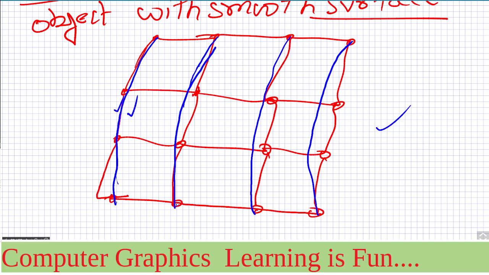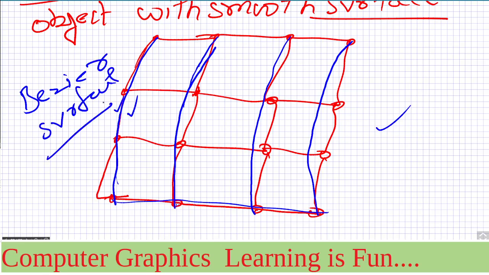Now you are using a mesh of curves and making it a surface. So it may be a Bezier surface, a B-spline surface, whatever you consider, whether it is interpolation or approximation, Hermite, Bezier or B-spline.